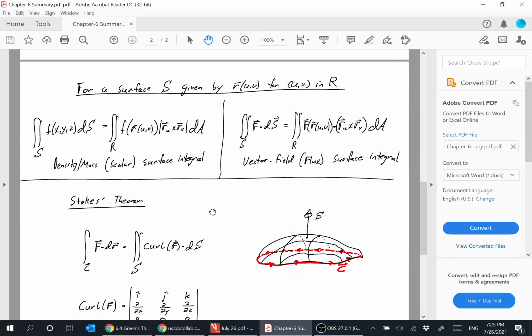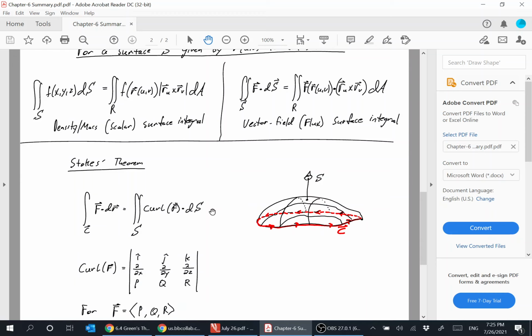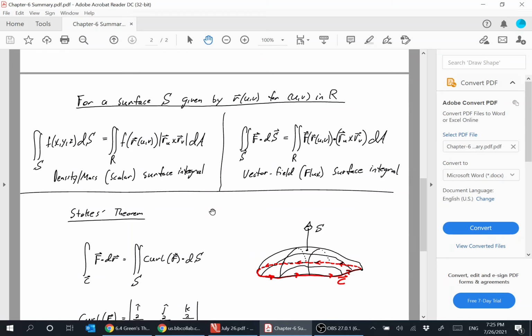All right, now, for surface integrals, again, 2 types of surface integrals. There's the scalar type, and there's the vector field, the vector flux surface integral. So question 5 and question 6 would be a direct calculation of a scalar and a direct calculation of a vector surface integral.